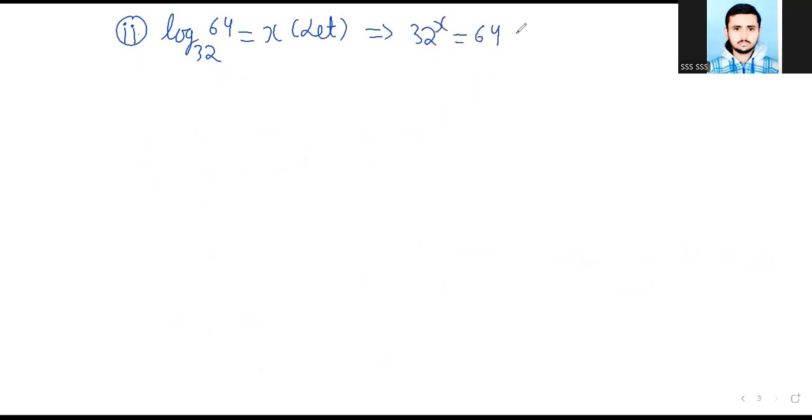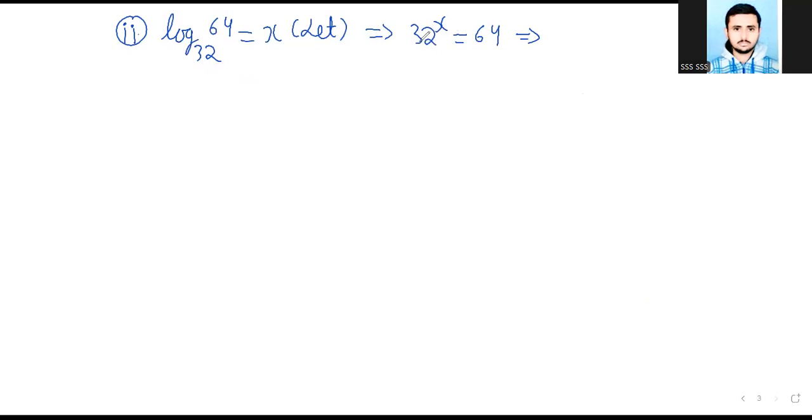Now, let's consider the second question. The second question says log of 64 to the base 32. Let us assume the value of this expression is x. In that case, 32 raised to the power x should be equal to 64. Now, we have to convert both of them to the same power of the same base.